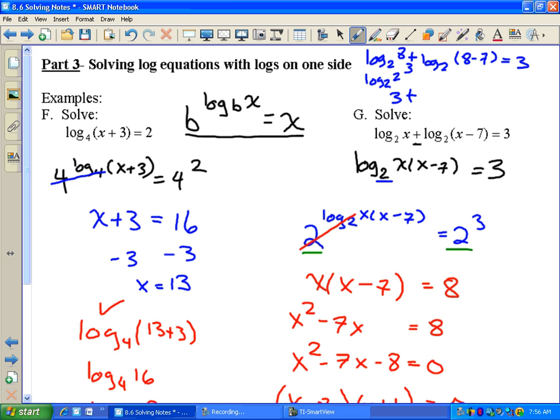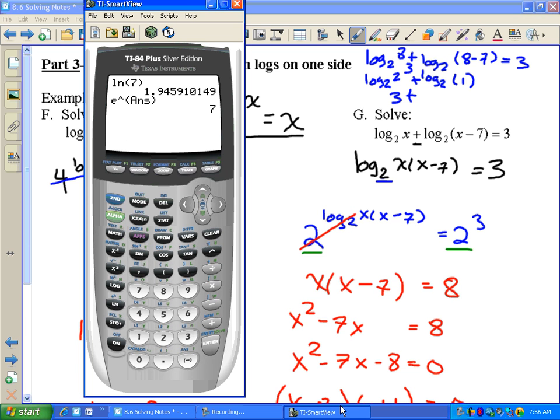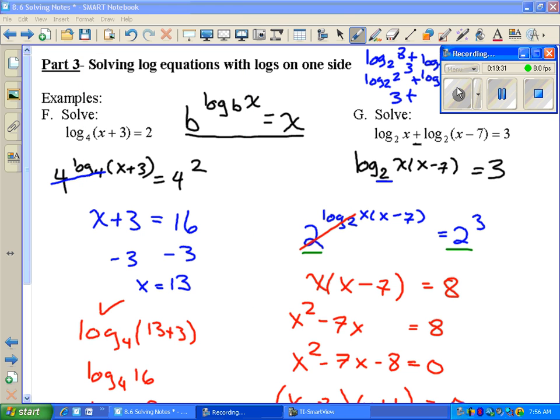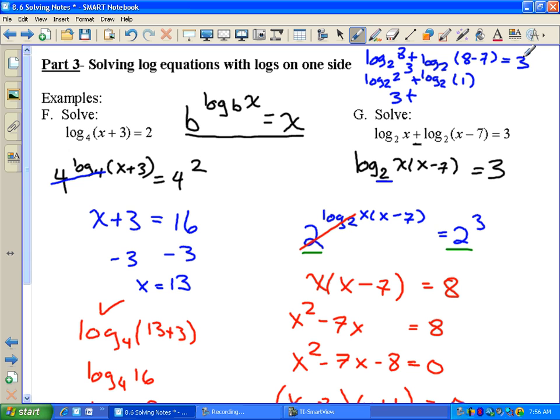This is log base 2 of 1. Log base anything of 1 is always 0. So this is equal to 3.